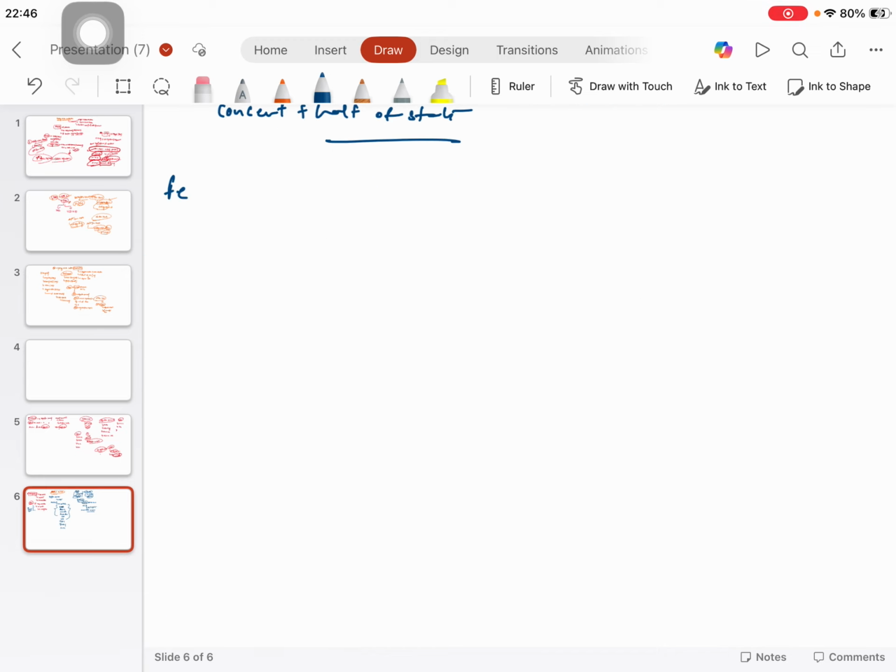It has federal plus unitary features. It is said to be quasi-federal. Now, what is federal? What is unitary?